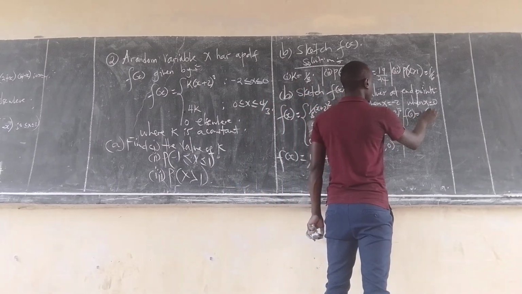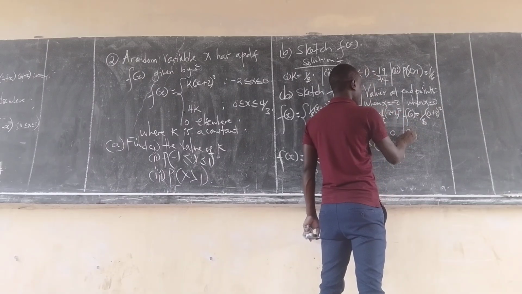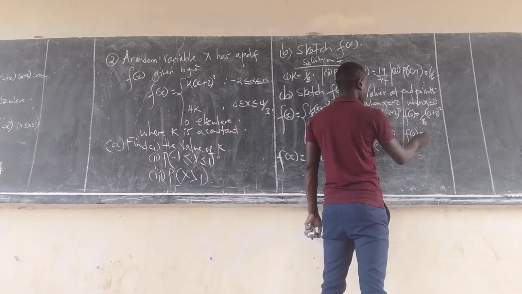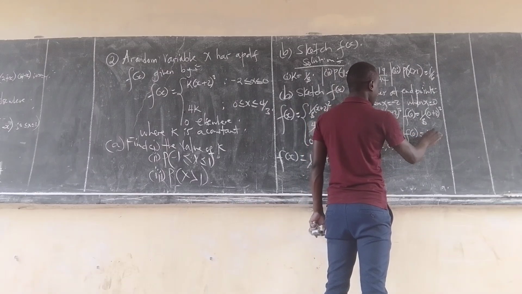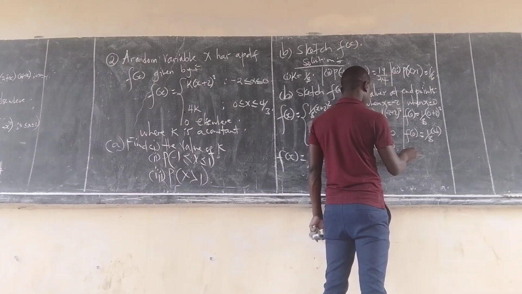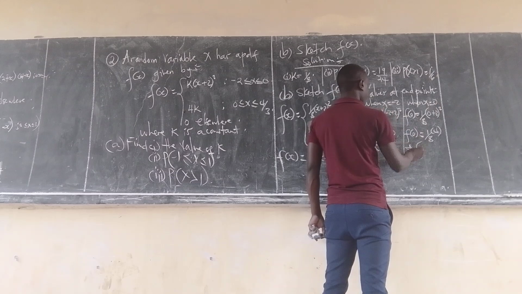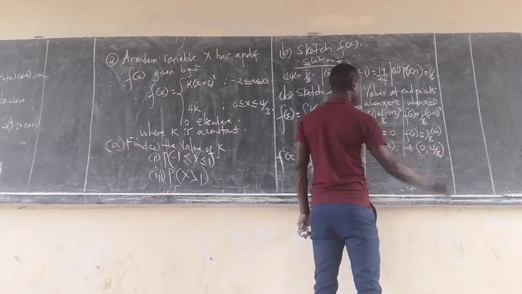So into 0 plus 2 all squared, and our f of 0 is going to become 1 over 8 into 4. So our f of 0 is 4 over 8, and the point plotted then will become, when x is 0, f of x is 4 over 8.